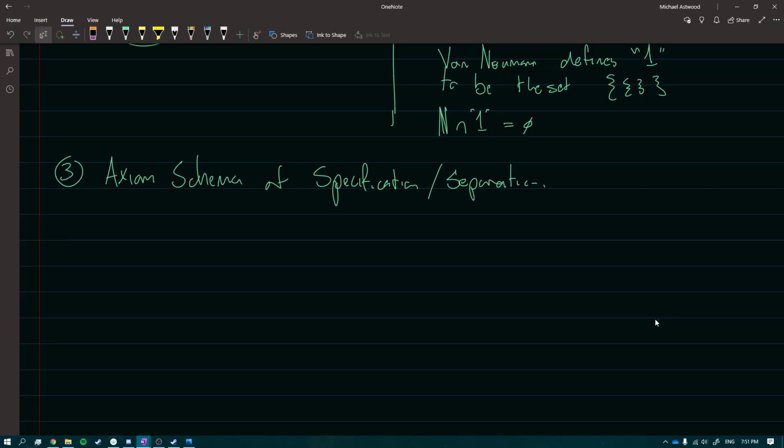Essentially what it says is that you are allowed, for any set x, to construct subsets according to a rule.